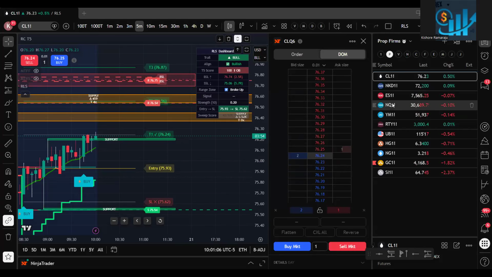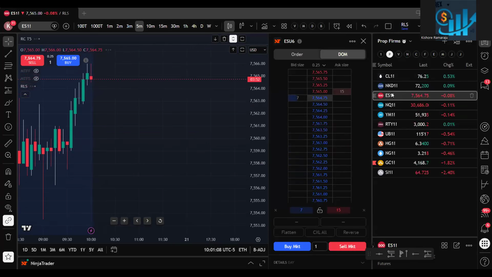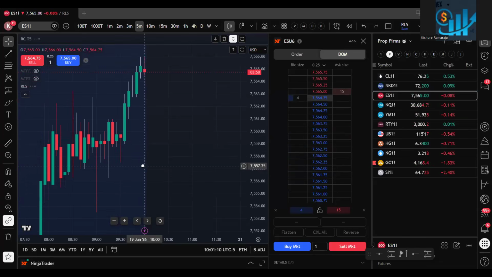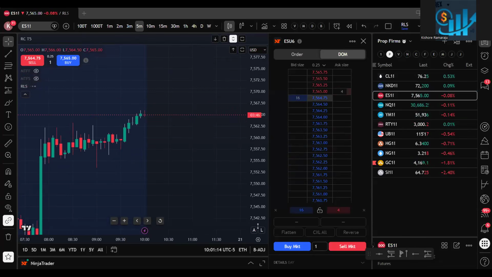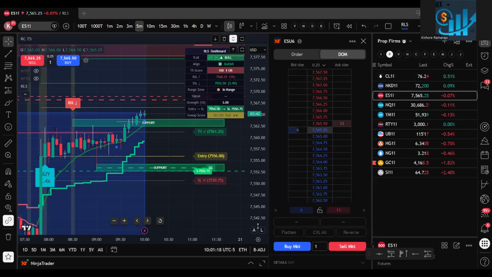For example, it is telling around 75.68, there is some buy side liquidity. That means there are some stop losses. It can hunt those stop losses around 75.68. Then we can see reversal on ES.